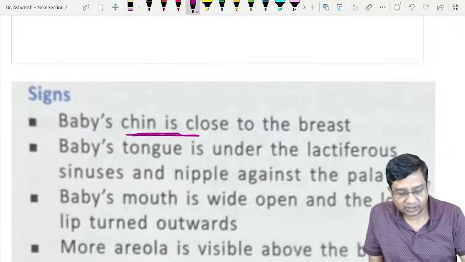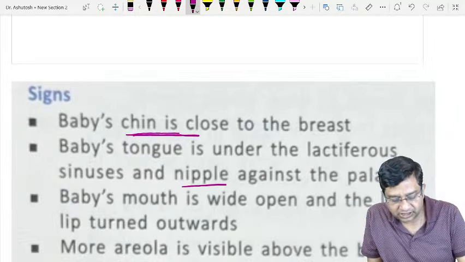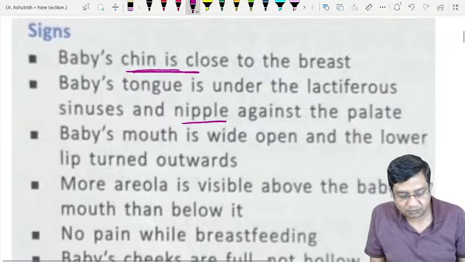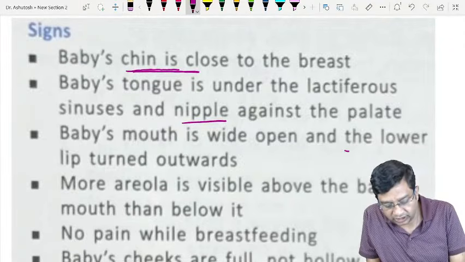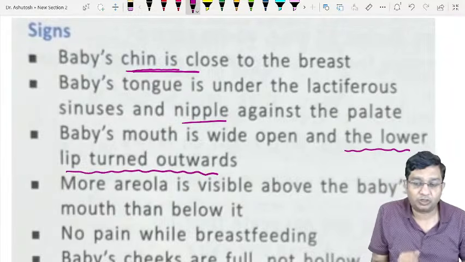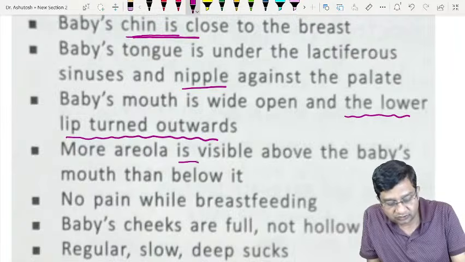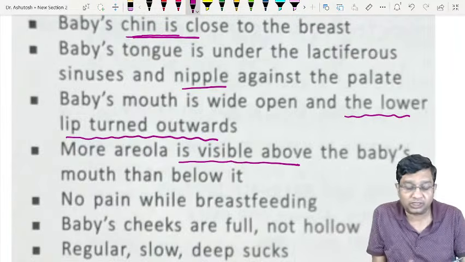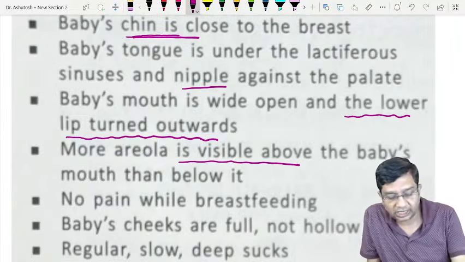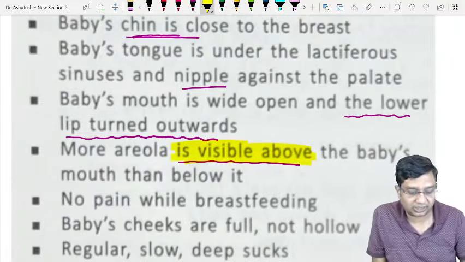The baby's tongue is under the lactiferous sinus and the nipple is against the palate. The baby's mouth is wide open and the lower lip is turned outwards. Two things, right? The lower lip is turned outwards and more areola is visible above.